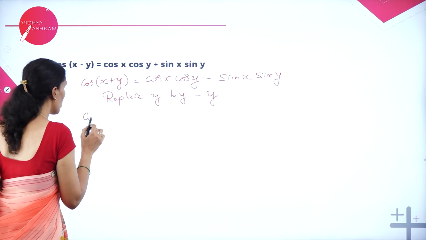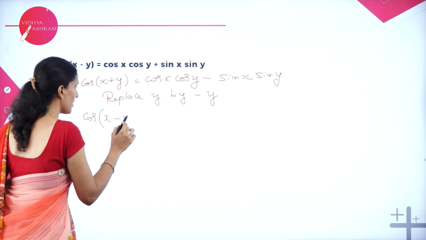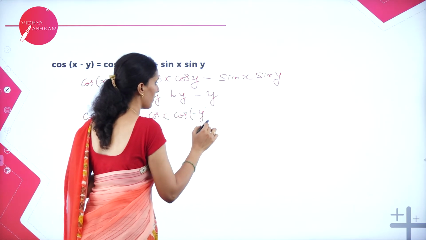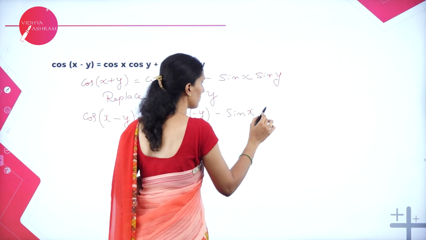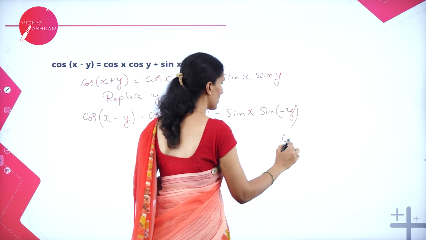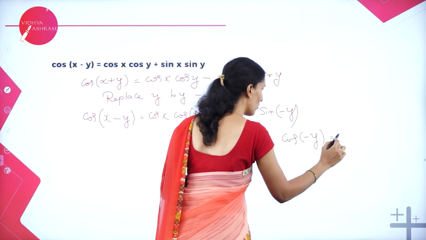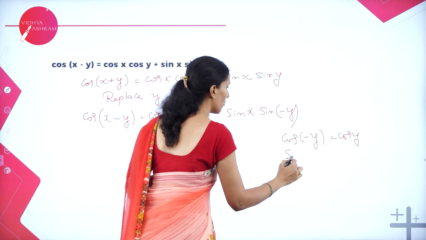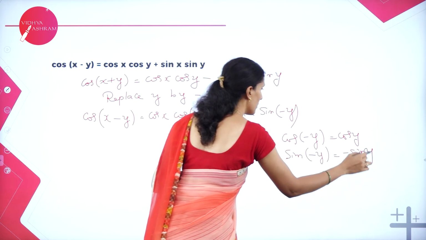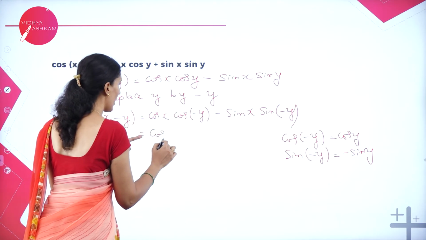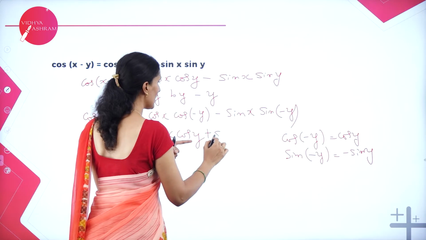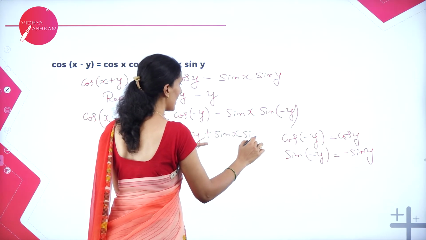What happens here? cos(x minus y) is cos x cos(minus y) minus sin x sin(minus y). What is cos of minus y? It is cos y only. What is sin of minus y? It is minus sin y. So using this concept, I can write cos x cos y, and when you put minus sin y, this becomes plus sin x sin y.